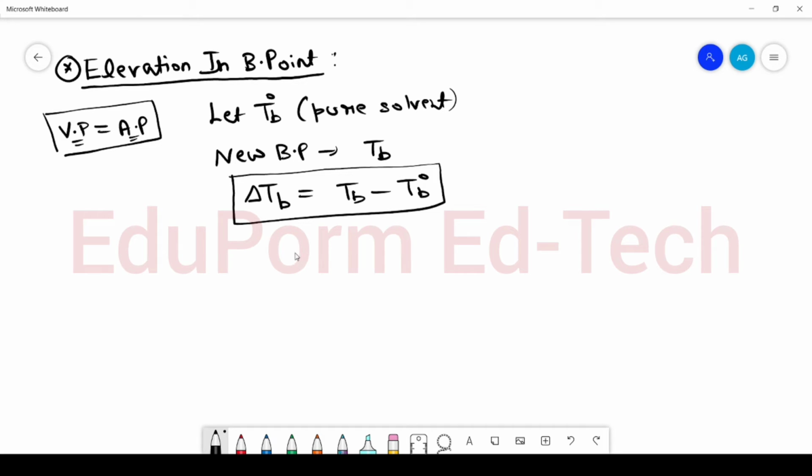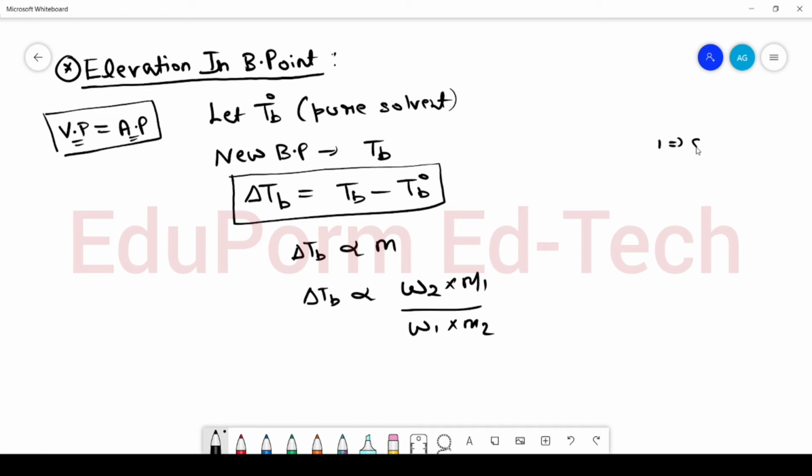Now we have found that delta TB is directly proportional to the molar concentration, where the molar concentration for any dilute solution can be given as W2 multiplied by M1 upon W1 multiplied by M2, where we already studied that M1 and M2 are the molar masses, whereas W1 and W2 are the masses of solvent and solute.